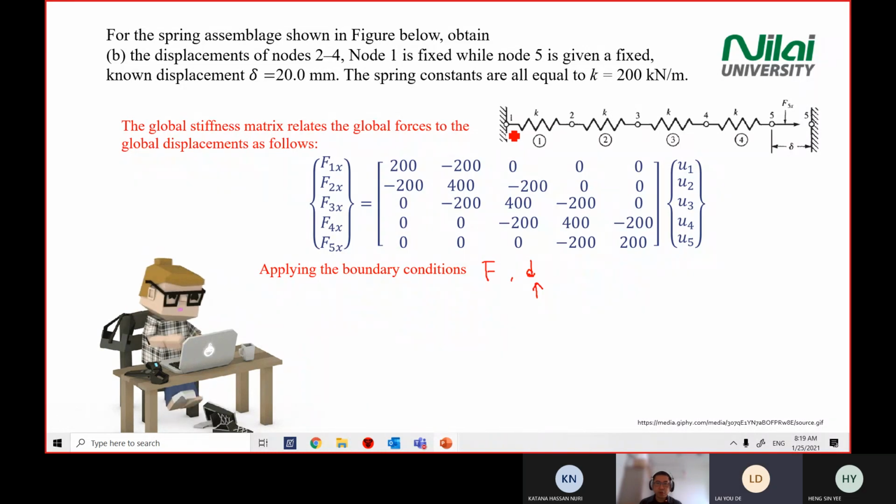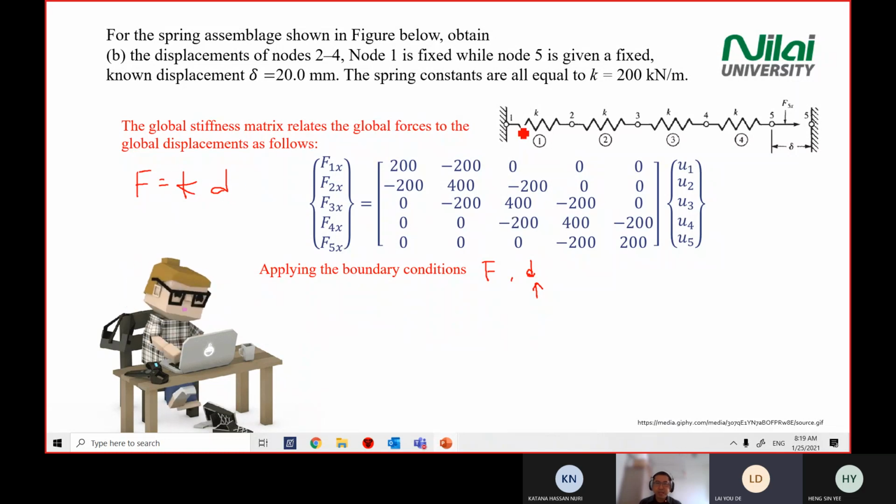$200. U1. What is your U? What do we mean by this component? U1, 2, 3, 4, 5. What does it mean? The displacement. Displacement. So you look at U1.